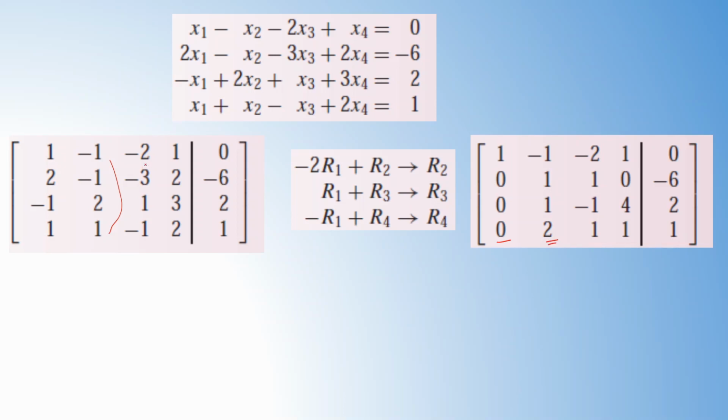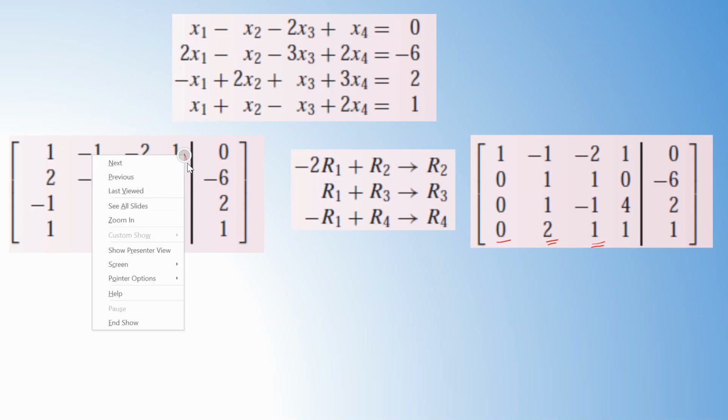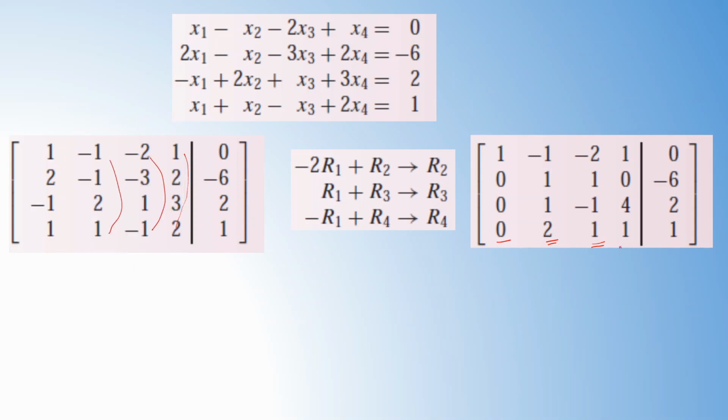Minus 2 into minus 1 is plus 2. 2 plus minus 1 is 1. 1 into minus 1 is minus 1. Minus 1 plus 2 is 1. So 0 into minus 1 is 0. 0 plus 1 is 1.